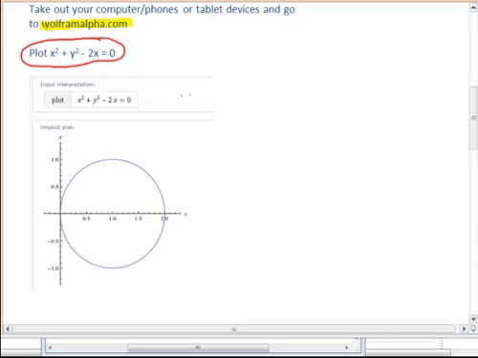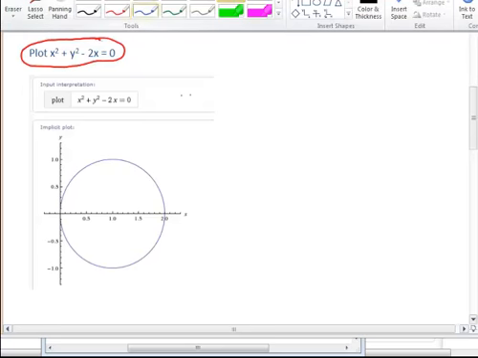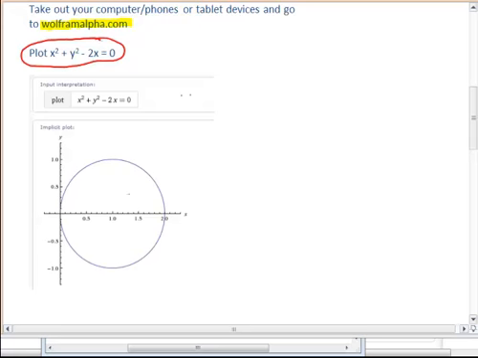And at Wolfram Alpha, at the menu bar, you just type in plot x squared plus y squared minus 2x equals 0. And when you plot it, you'll get a nice picture of what the curve should look like. And what we see here is a circle centered at (1, 0), and it looks as if it has a radius of 1.